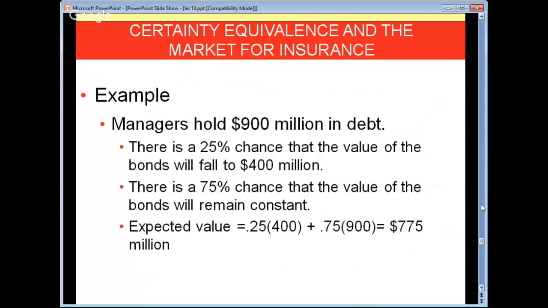Remember, LBI pays the person the difference between what the bond pays them and the face value. So if the bond issuer pays the full face value, the insurance pays nothing.